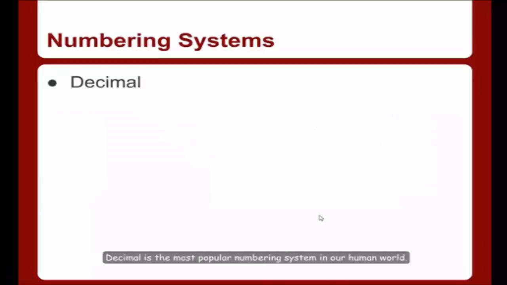So decimal is the most popular numbering system in our human world. It is very easy for the humans to use. It has been invented from the start because decimal has 10 digits, which equals the number of fingers we have on our hands.